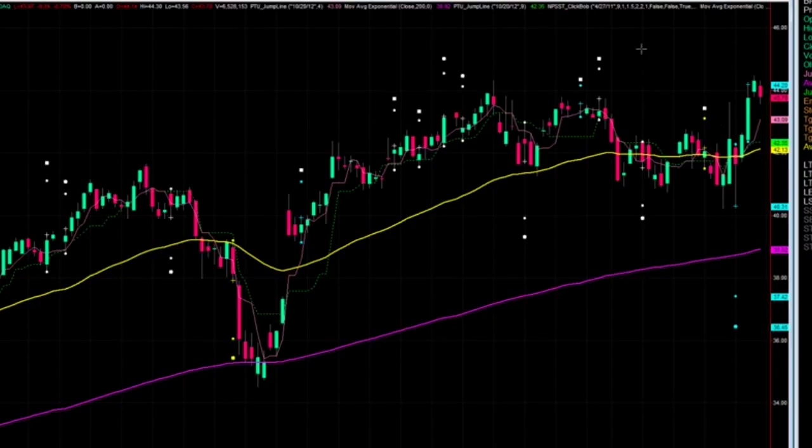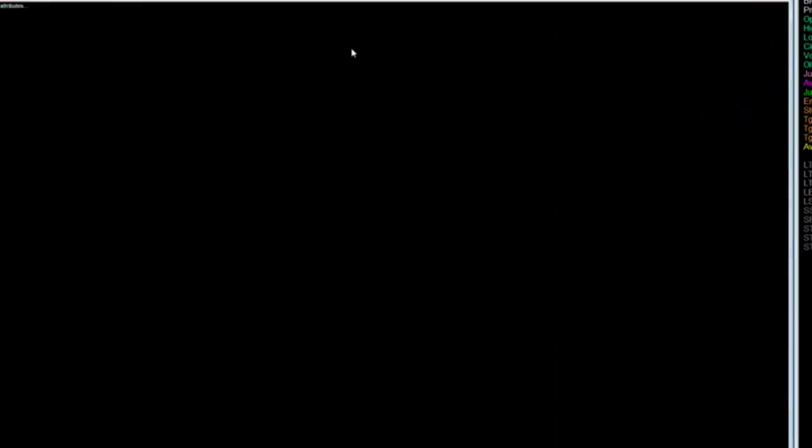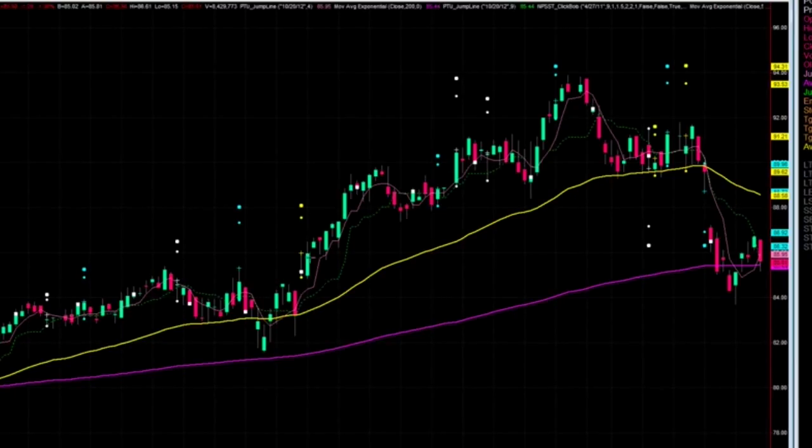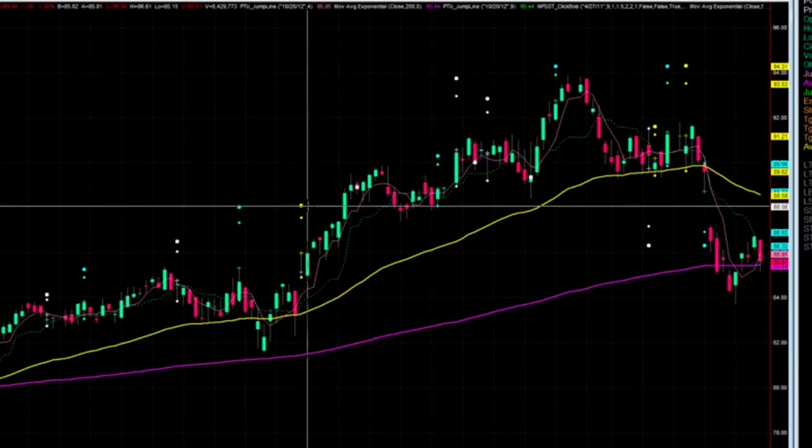Let's see. Someone put in PG. I've never looked at PG. Let's look at PG. You know what's a good one is the VXX. All right, so PG, again, looking at the left side here, it looks like you get a small loss, no trade, and then you hit a nice winner.